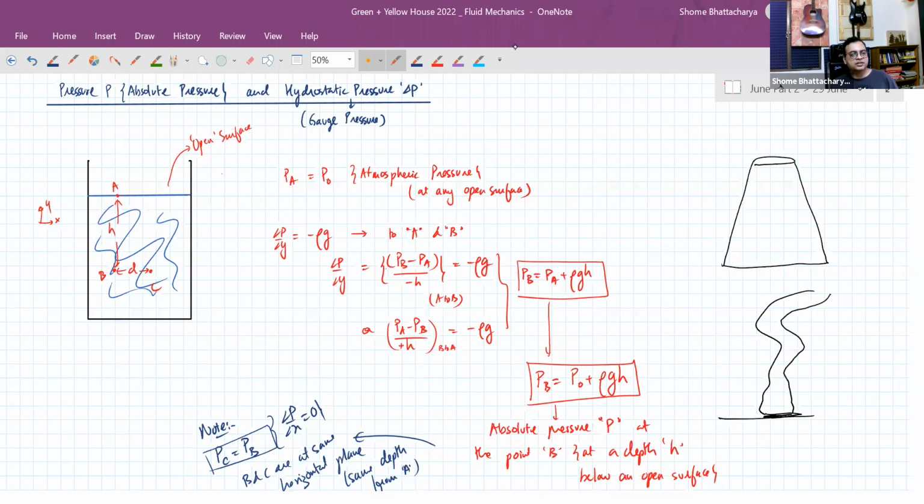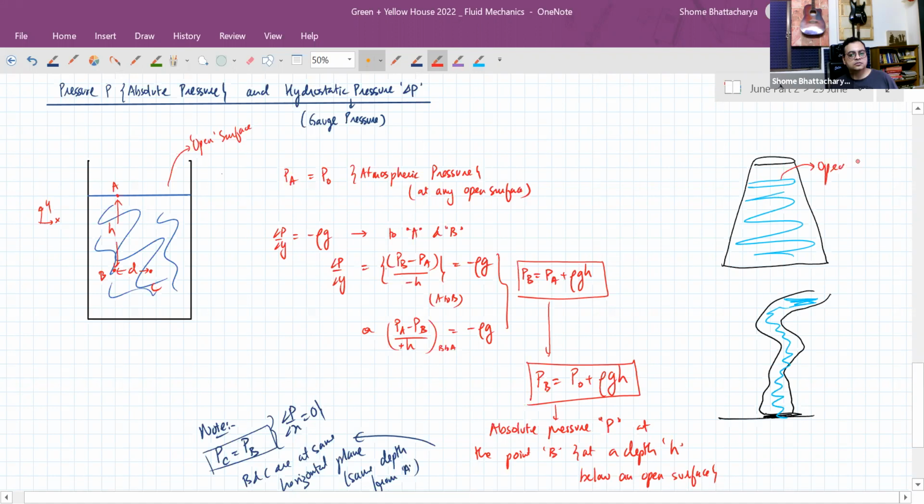Whether it is this one or this one, this is an open surface of liquid here.